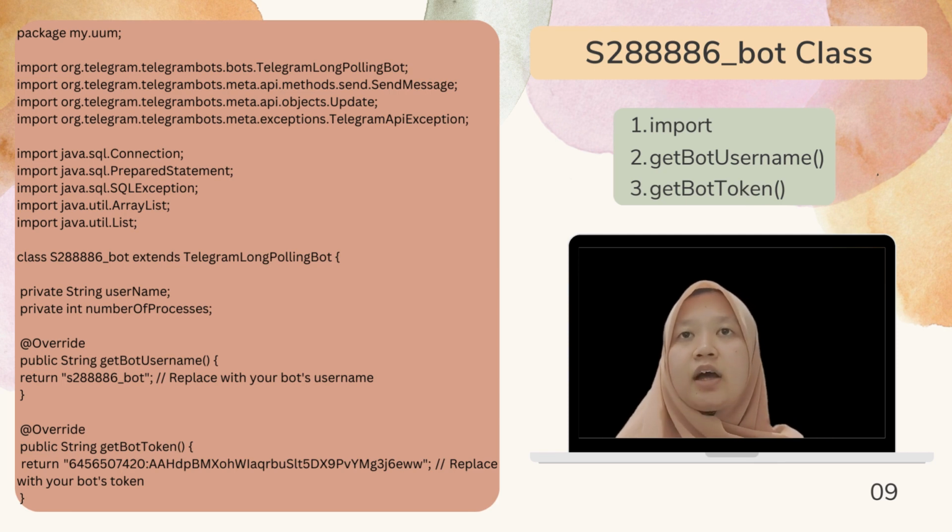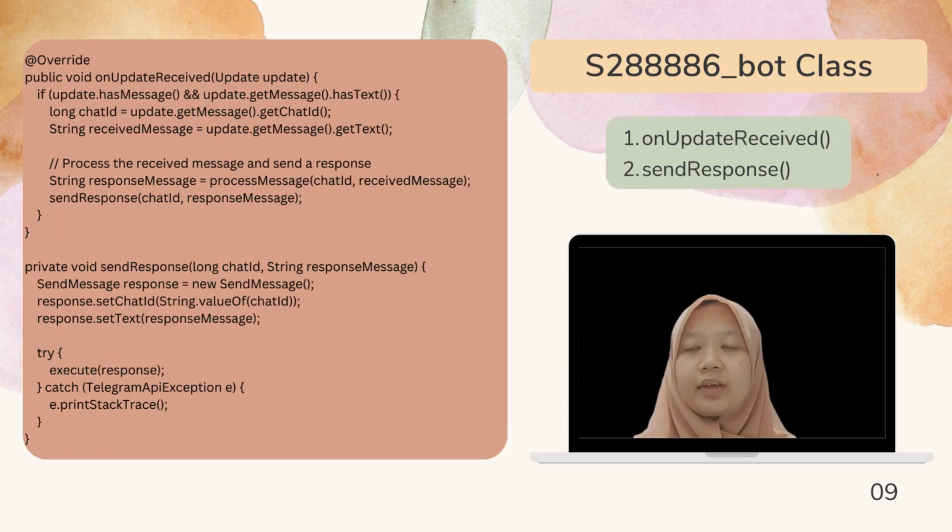And next, there are two methods. First, get bot username. This method returns the username of the bot. And the get bot token is the authentication token of the bot. Next, there are two methods: on update received and send response.